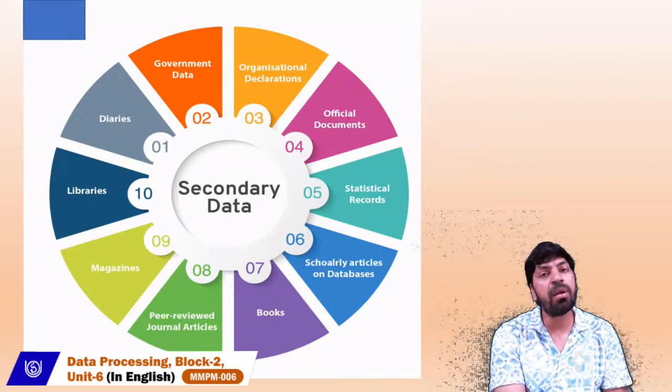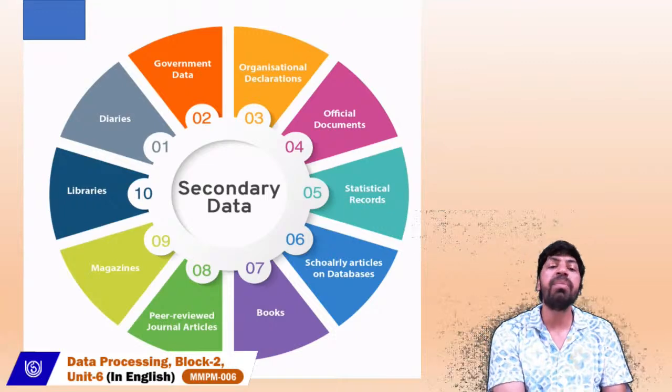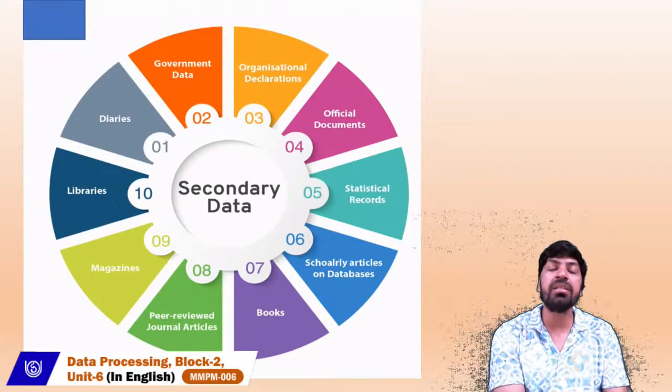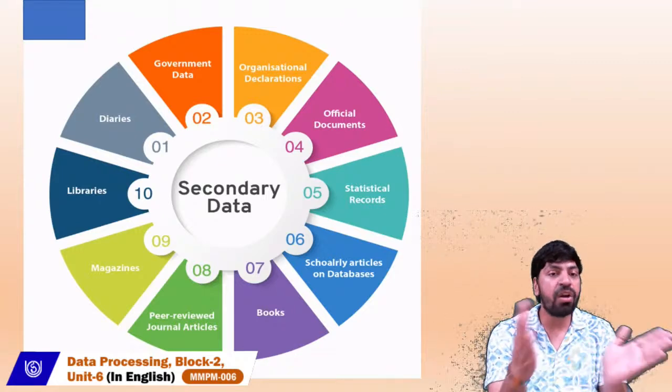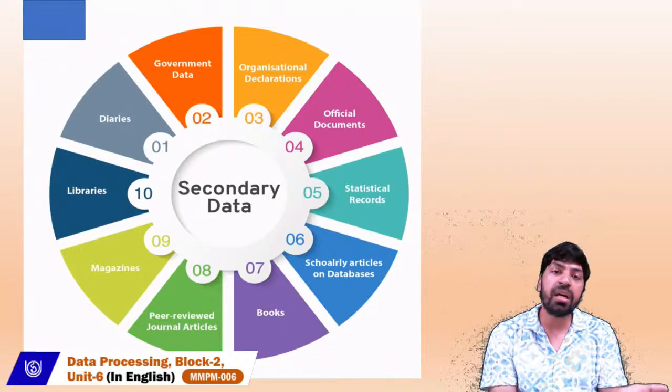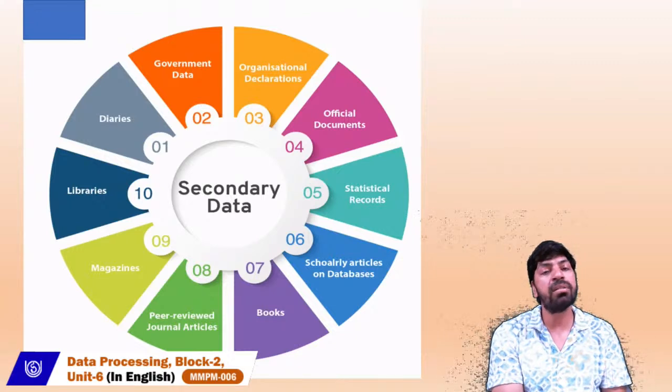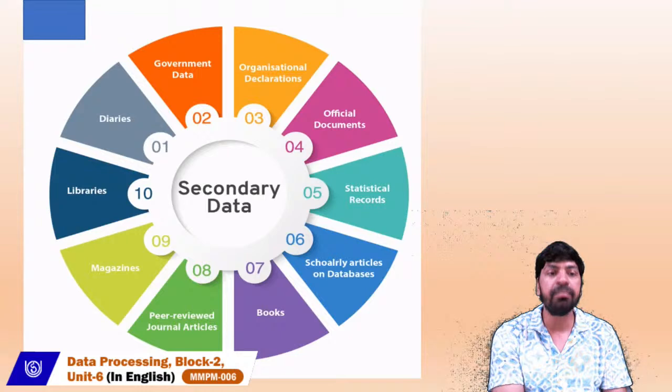Next, books are also one of the sources. Peer-reviewed journal articles, published online in peer-reviewed journals, are also considered a source of secondary data.